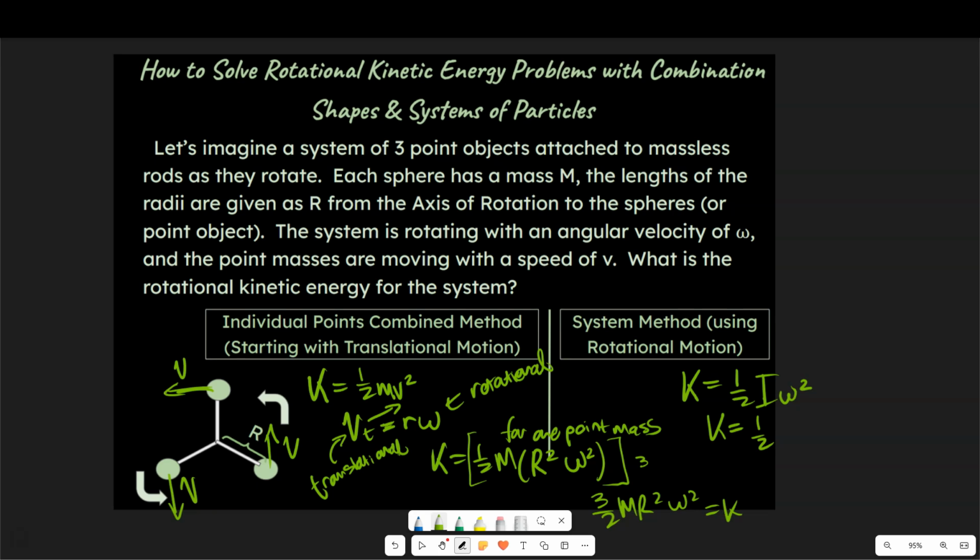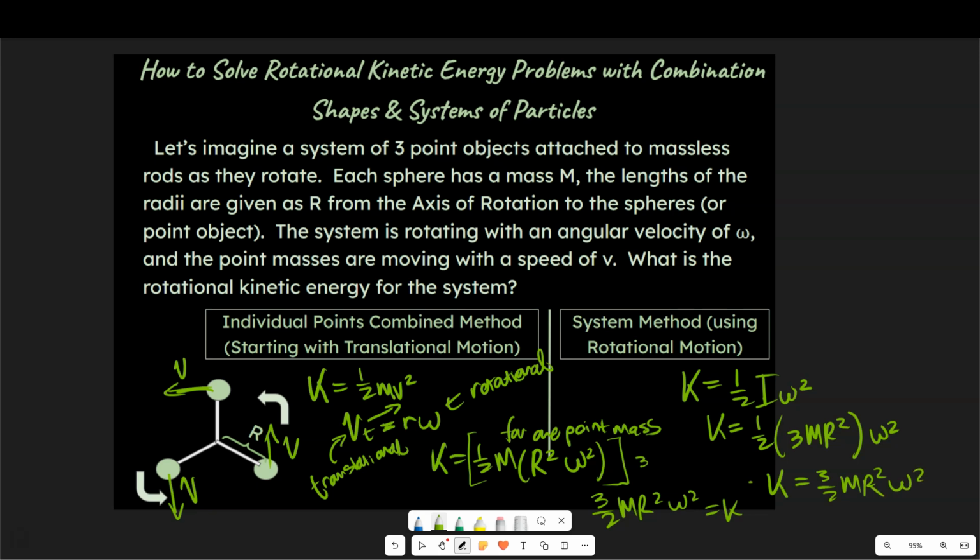Since they're point masses, that's going to be mr squared, but because there are 3 of them, we're going to say 3 mr squared, and we can't forget omega squared at the end, and if we multiply these together, you can see that if you do the problem this way, you end up with 3/2 mr squared omega squared.